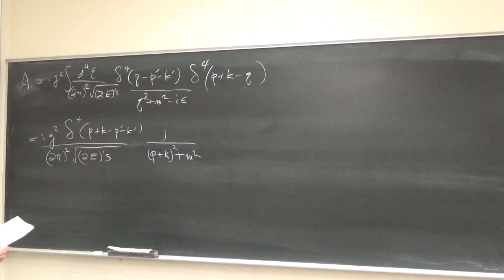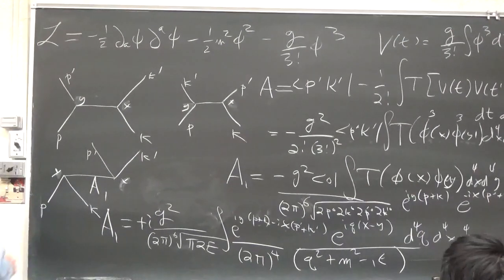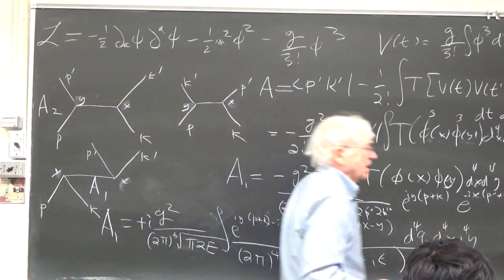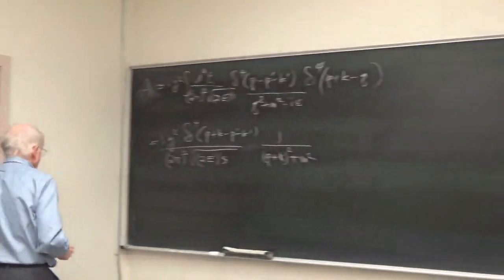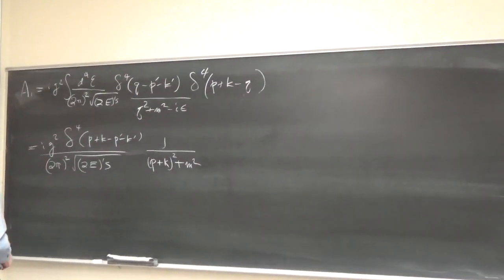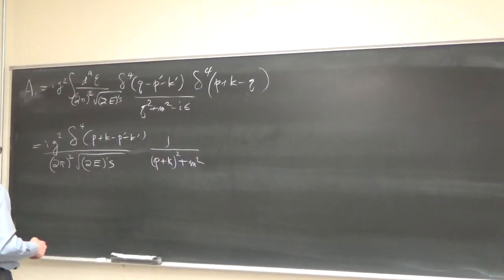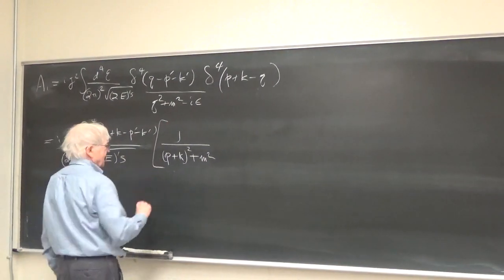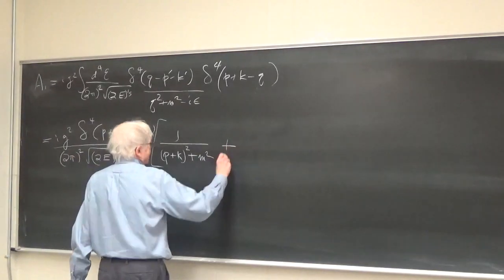Now, what about A2? Well, which one did we do here? We did this one, A1. So let's call this one A2. So this is p goes to p prime, and I can just tell you what the answer is without looking at the notes.